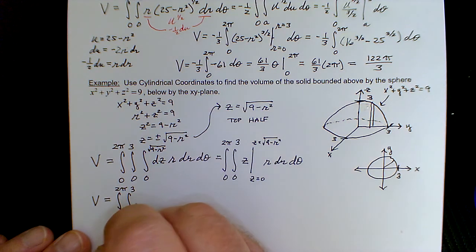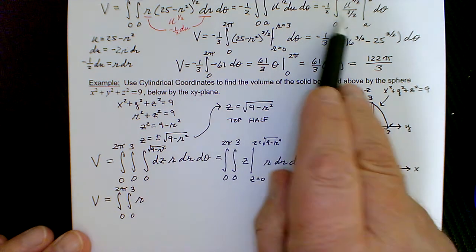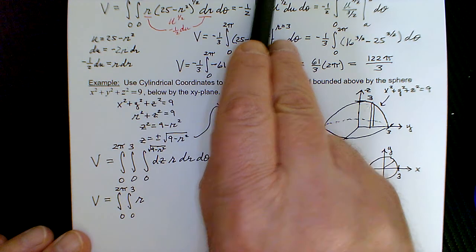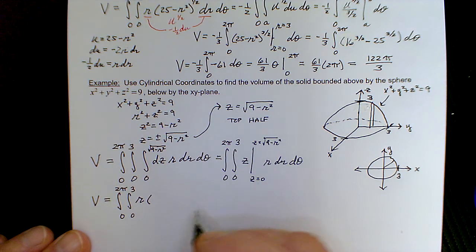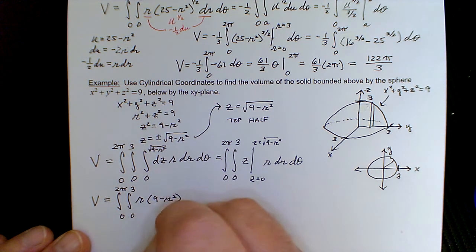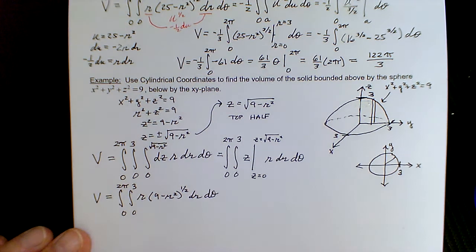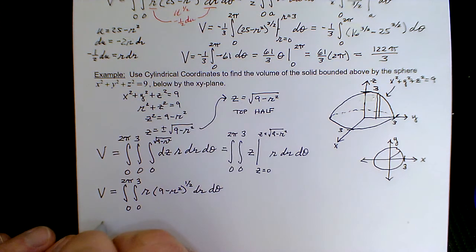So let's kind of do a few steps here at once, kind of skipping this step here basically. I'm just going to write the r in front of, and then that square root of 9 minus r squared will change to the 1/2 power. So knowing from our experience in the last example that we're going to require u substitution again.